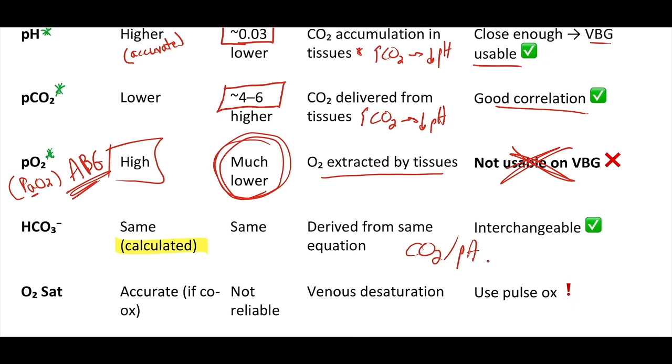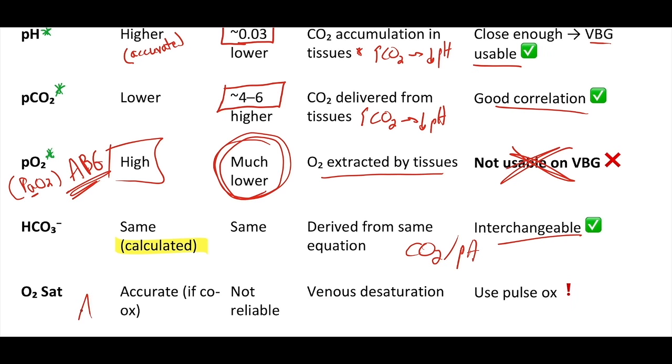So the bicarbonate calculated on the venous blood sample is accurate-ish, but again, as you're getting further down this road, or patients are getting sicker, these calculated values are sometimes not super useful. Okay, and oxygen saturation, same. Now, sometimes co-ox can directly measure it, but venous saturations are not accurate.